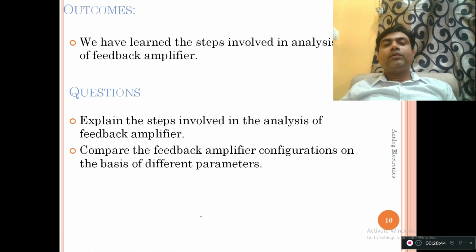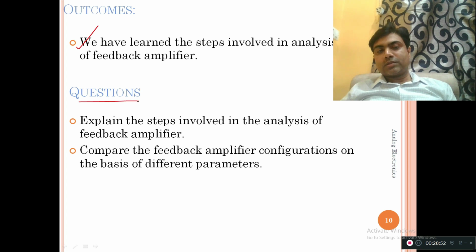Now we have learned the steps involved in the analysis of a feedback amplifier. The kind of questions that can be expected from this lecture are: explain the steps involved in the analysis of a feedback amplifier, or compare the different configurations of amplifier on the basis of different parameters that we have already plotted in the table.